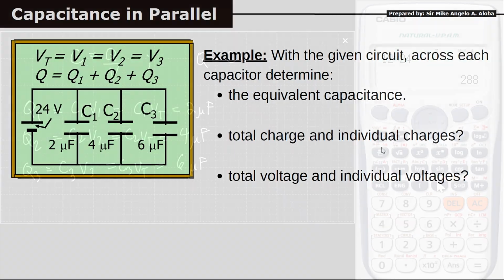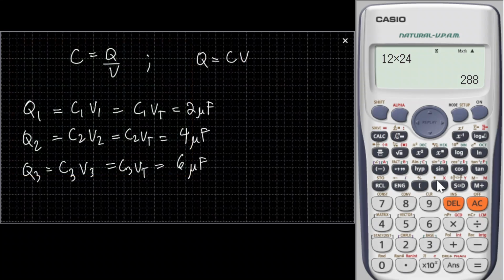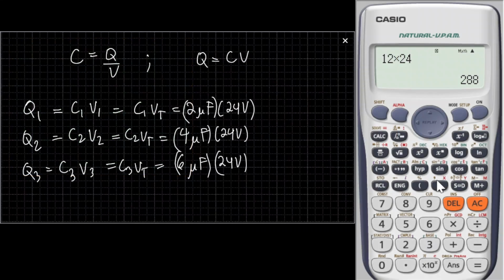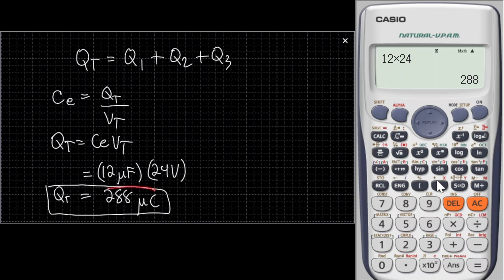And the total voltage is 24 volts times 24 volts times 24 volts. To get the individual charges. That should be equal to what? 288. Okay, so ito yung pang-check natin.